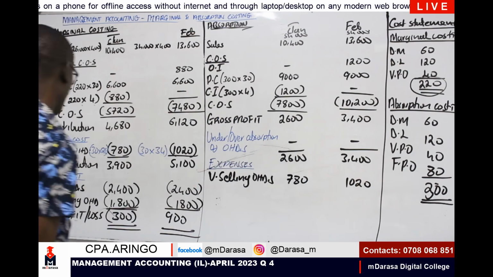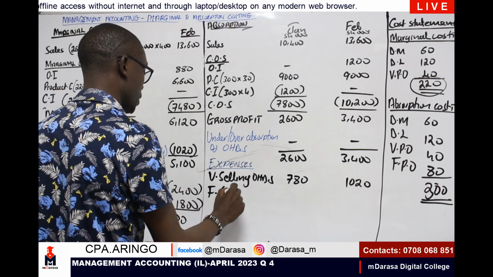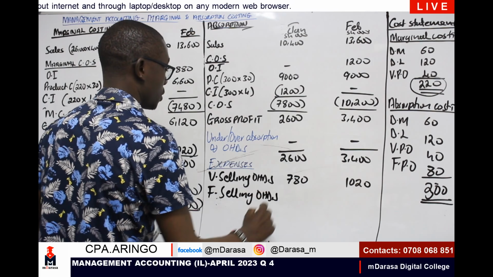Then I'm going to have fixed selling overheads, which is 1.8 and 1.8. So literally, this is our expenses. Once we have that, my good students, what next?